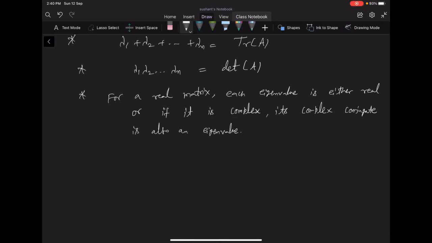So either all the eigenvalues will be real, but if a plus ib is an eigenvalue of a real matrix, then a minus ib will also be an eigenvalue of the same real matrix.